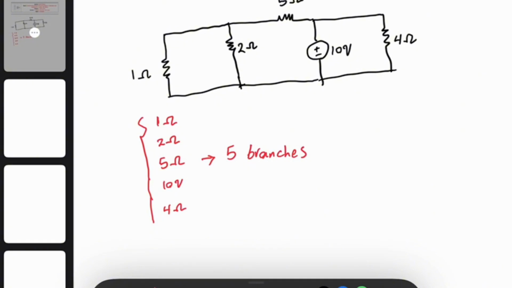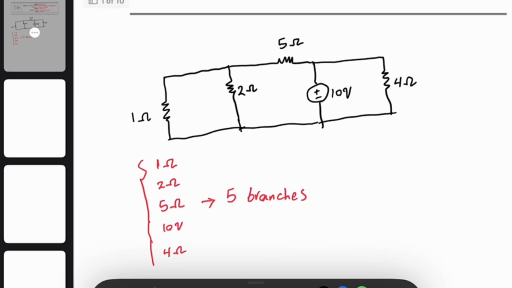Then we want to see how many nodes we have over here. So I can call this one the first node, node A, which connects the 1 ohm resistor, 2 ohm resistor and 5 ohm resistor.